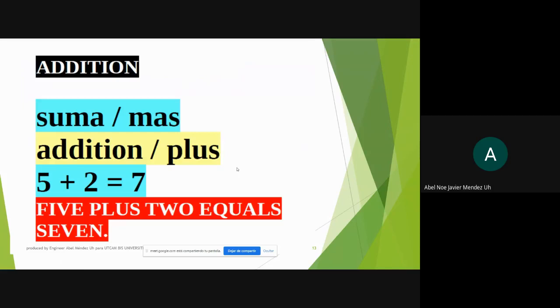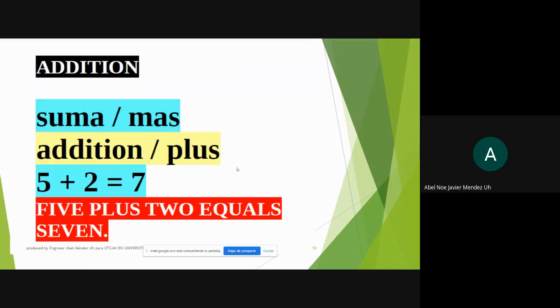If we read this operation, we need the paragraph or the sentence in red color. 5 plus 2 equals 7, or maybe equals to 7, okay?